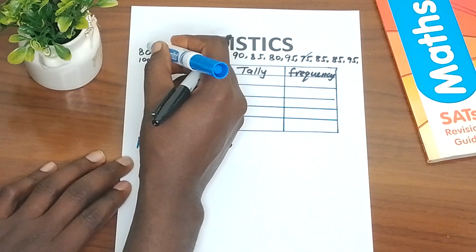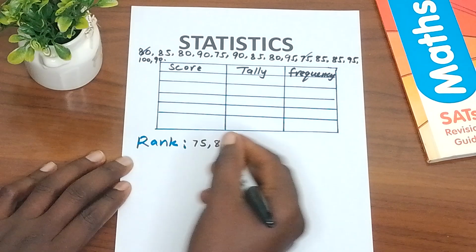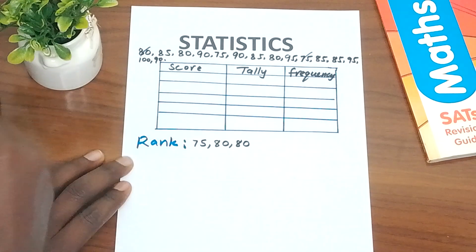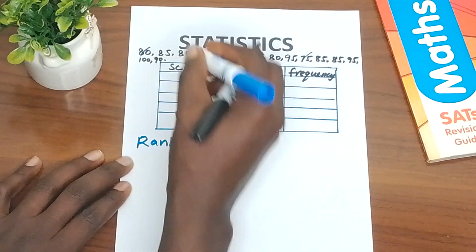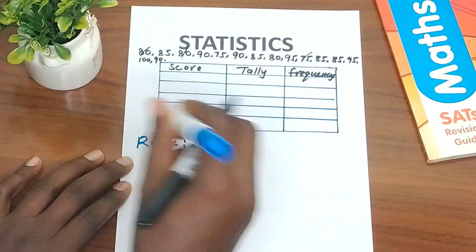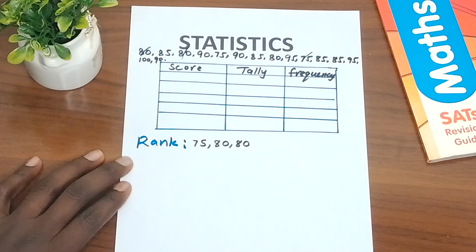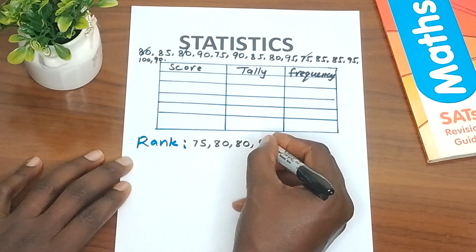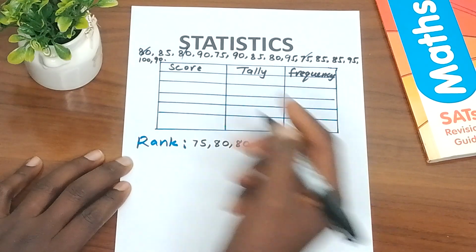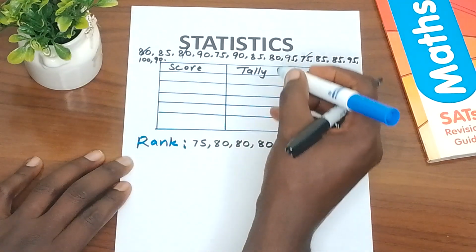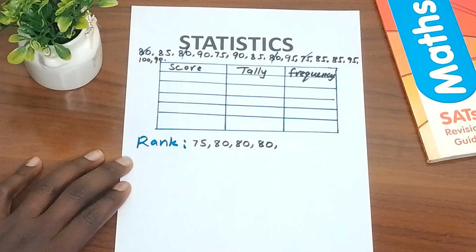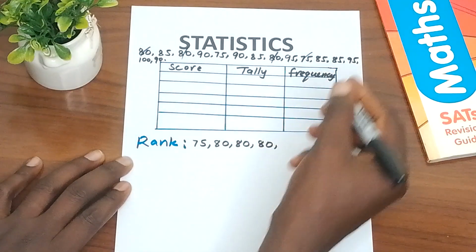I will take this 80 here, and then we have another 80, which is this one, and another 80 here, which is this one.